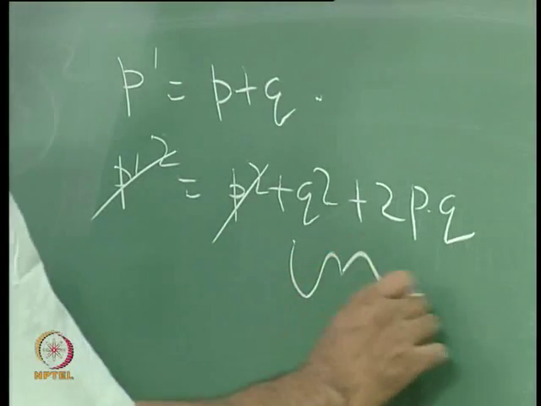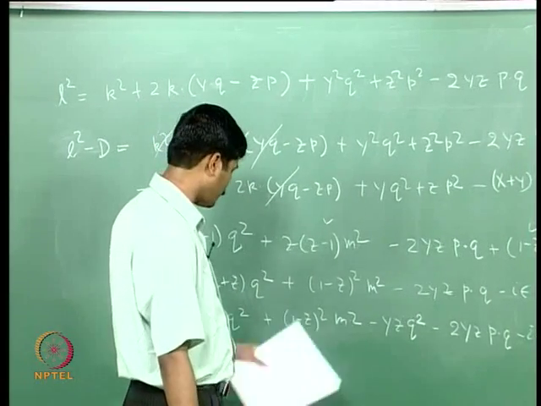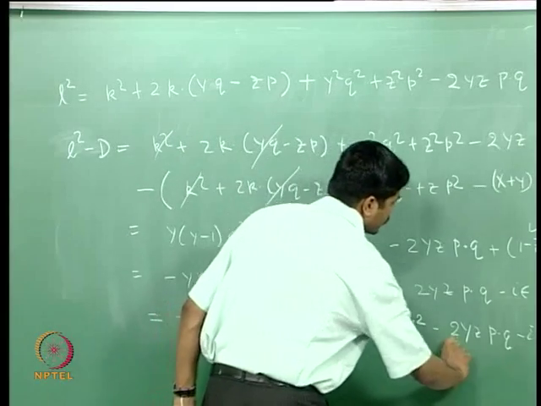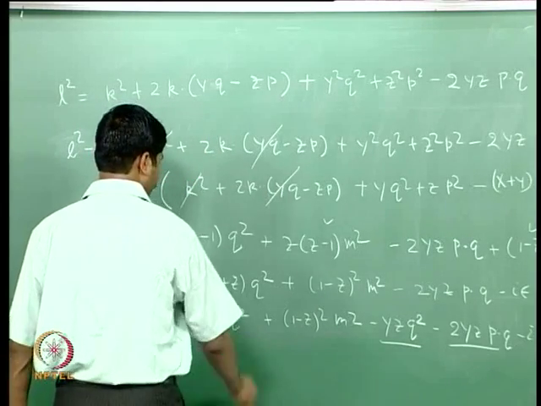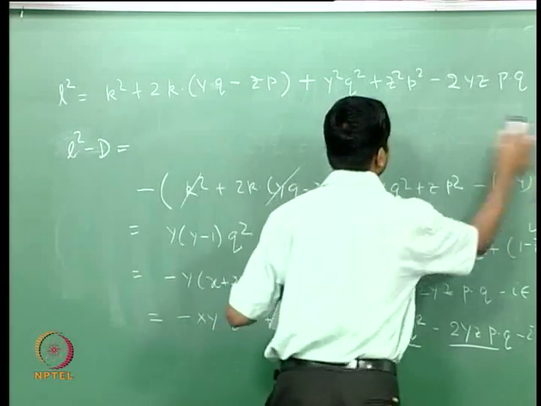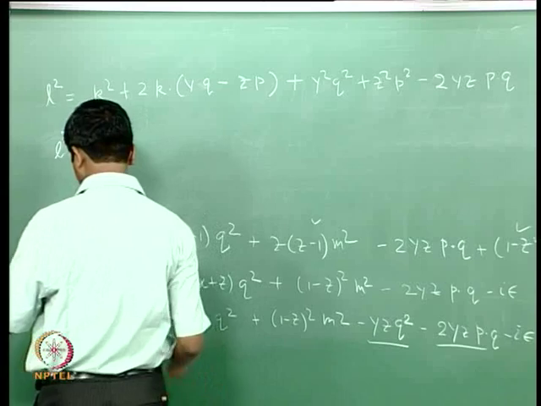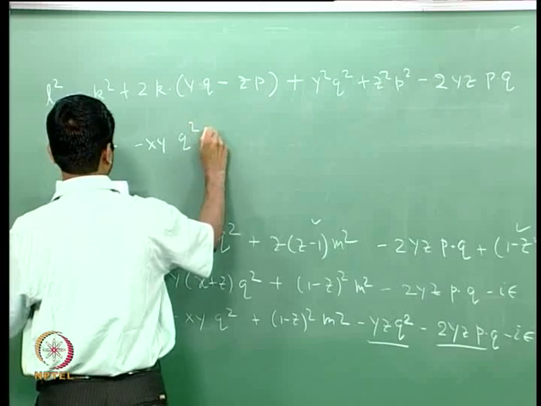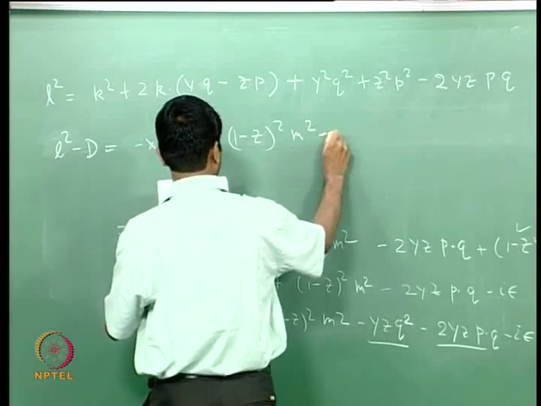So, q square plus 2 p dot q is equal to 0. I will use that relation here. Then this plus this is simply 0. So what you are left with, at the end, if this is your L square, then L square minus d is simply minus x y q square plus 1 minus z whole square m square minus i epsilon.